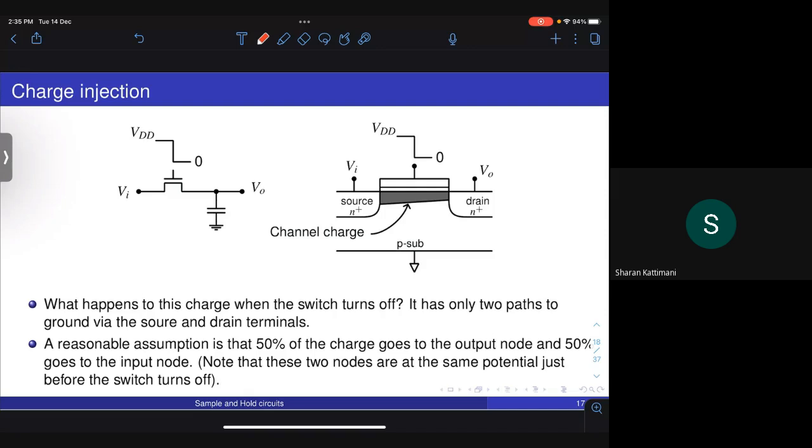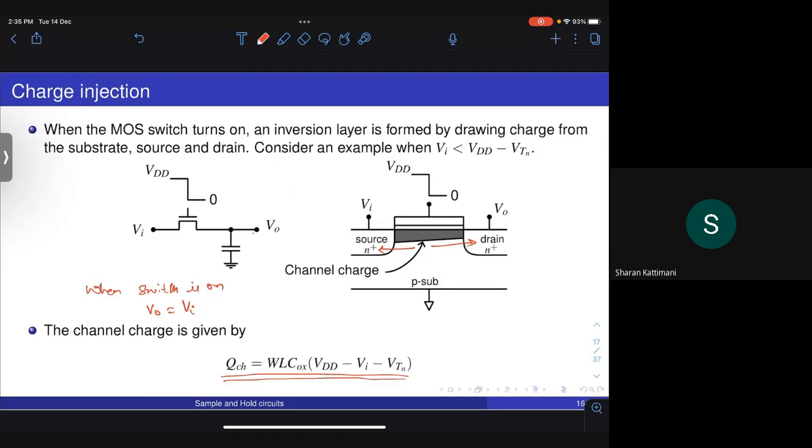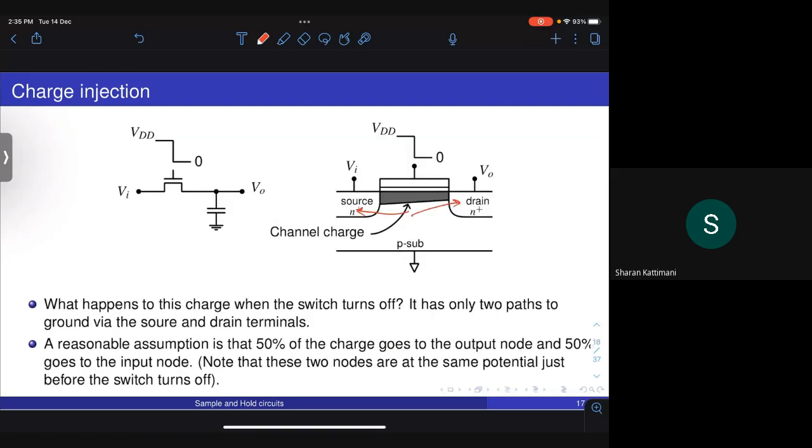So the typical assumption is that 50% of the channel charge goes out into the source side, 50% goes to the drain side, which means that this channel charge QCH, W L Cox into (VDD minus Vi minus VTN), half of that charge will get dumped onto this output capacitor at the sampling instant.